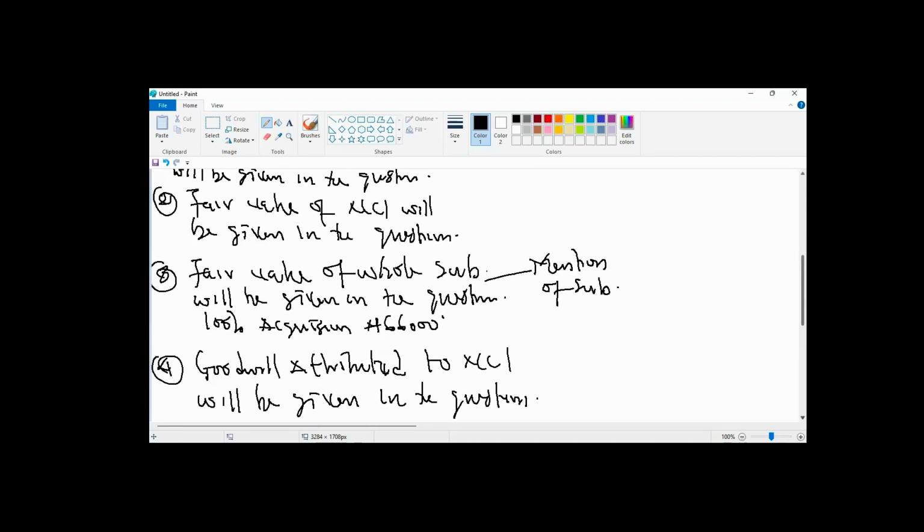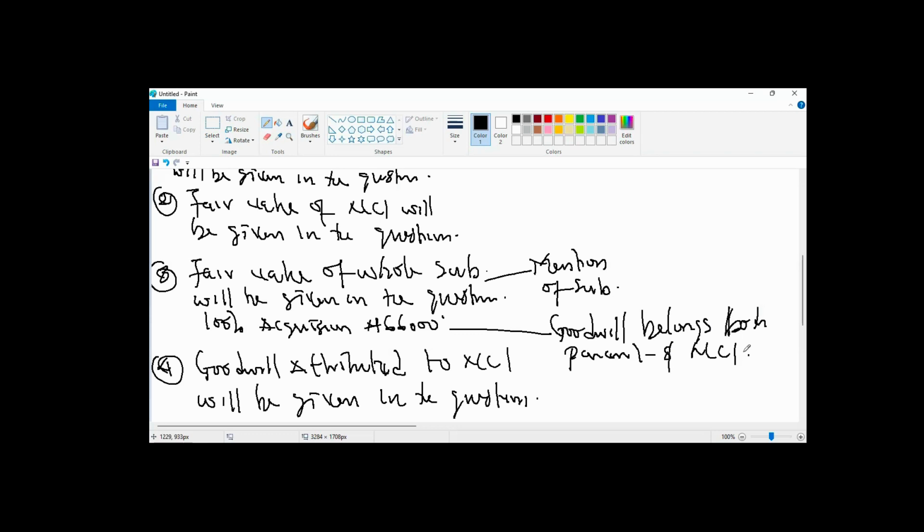Any goodwill we have derived using the fair value method belongs to both the parent and NCI.